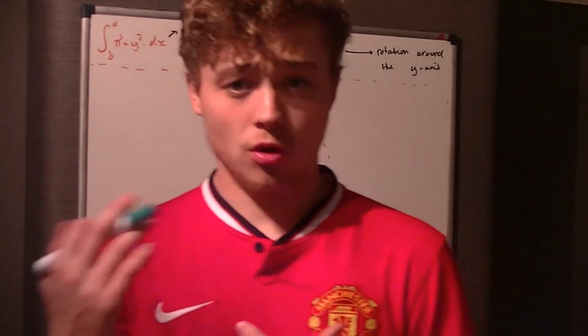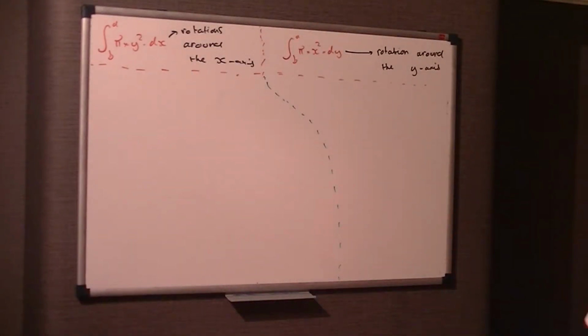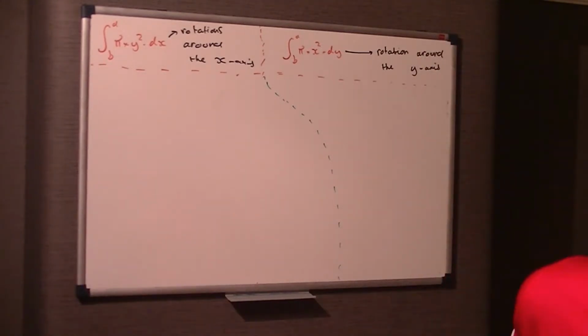I'll explain a bit more about that, but that was just how C2 links into this. But I'm waffling on. We do need to understand what we mean by rotations around the x-axis here.